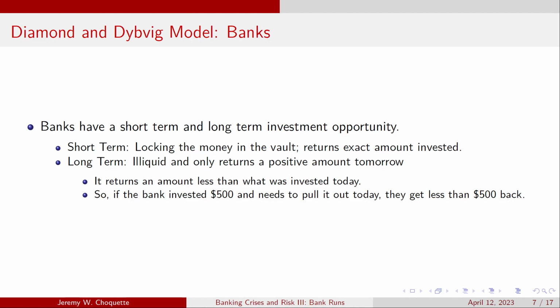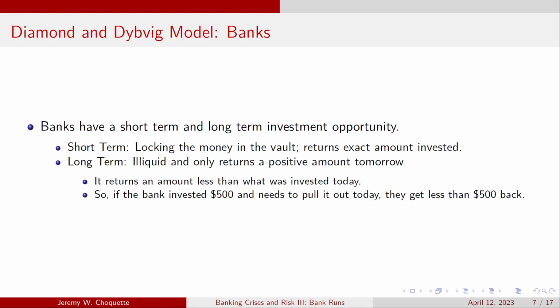So think of a certificate of deposit, right? You put some money in, and you can't really touch it for a while, and you just got to let it sit there. Whenever it matures, you get all that money back. That's awesome. But if you're like, oh God, I need the money right now, well, you can get the money back, but you've got to take a huge loss on it.